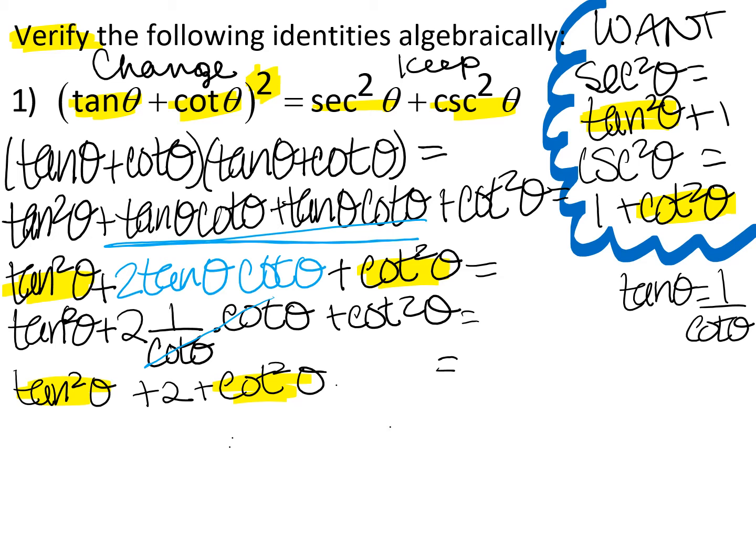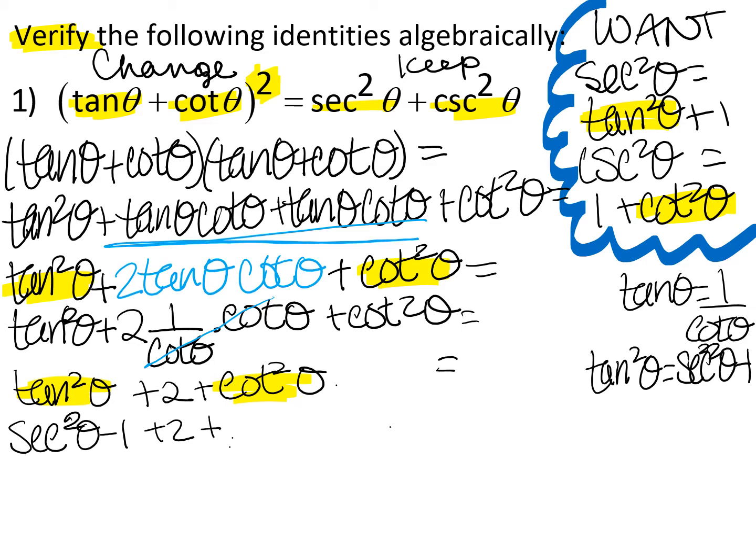So I would use the other version of that same identity, which says tangent squared theta equals secant squared theta minus 1. I still have the plus 2. And then I would use the other form of the cosecant identity, which is cotangent squared theta equals cosecant squared theta minus 1.